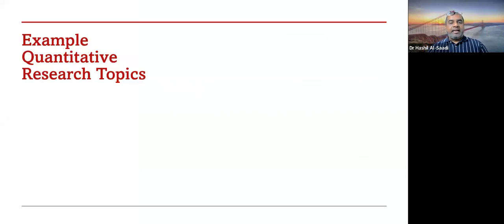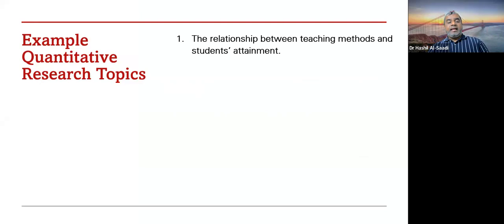Let's look at some examples, and then I'll give you my examples and I'll be looking forward to hearing from you. Look at this topic: the relationship between teaching methods and students' attainment. How does my teaching method impact my students' learning? By looking at their interaction in the class, by looking at their test results, and so on.